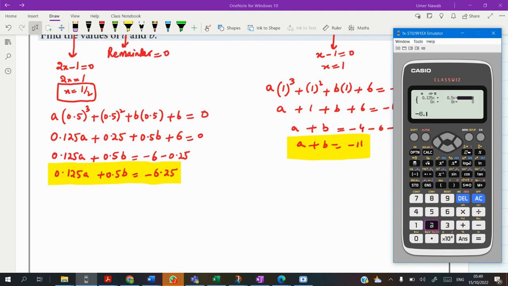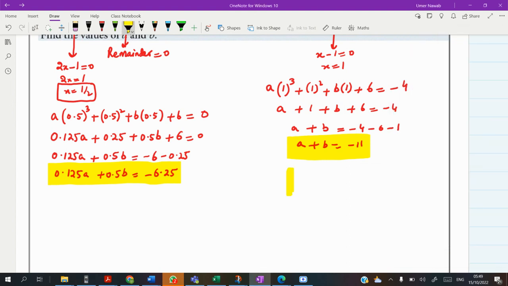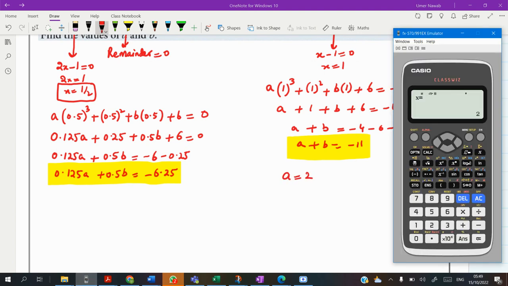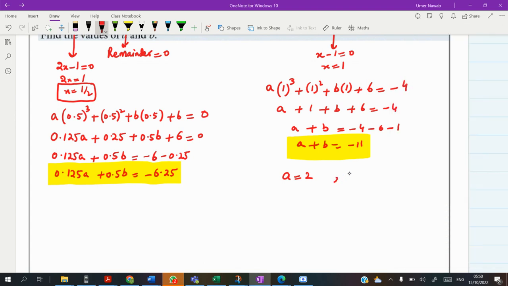Minus 6.25, enter. The coefficient of a is 1, enter. Coefficient of b is 1, enter. And negative 11, enter. So it leaves us a is equal to 2 and b is equal to minus 30.